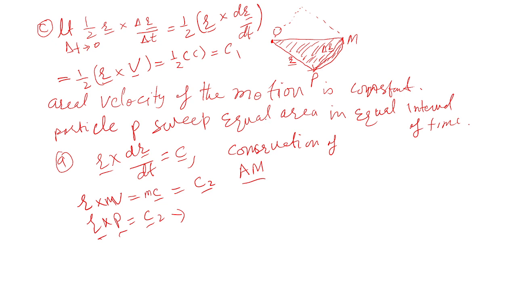But before this law, Kepler says that the planet is moving in an elliptic orbit around the sun at one focus of the ellipse.